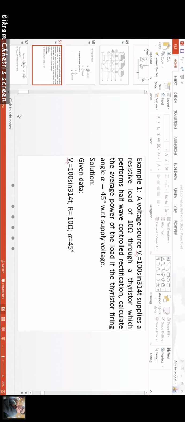VDC 54.338, sir. Wait, okay. If you see here, okay, VDC equals Vm by 2 pi (1 plus cos alpha)... So 47.67, right?